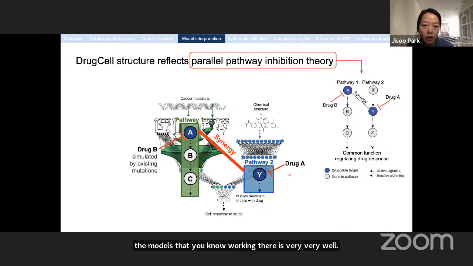The parallel pathway inhibition theory holds that two drugs are synergistic when they inhibit separate pathways that regulate a common essential function. So we hypothesized that the biological activity of the primary drug is learned by the drug embedding branch, and the parallel pathways are learned by the genotype embedding branch, where the secondary drug's activity is simulated by existing loss-of-function mutations in each cell.